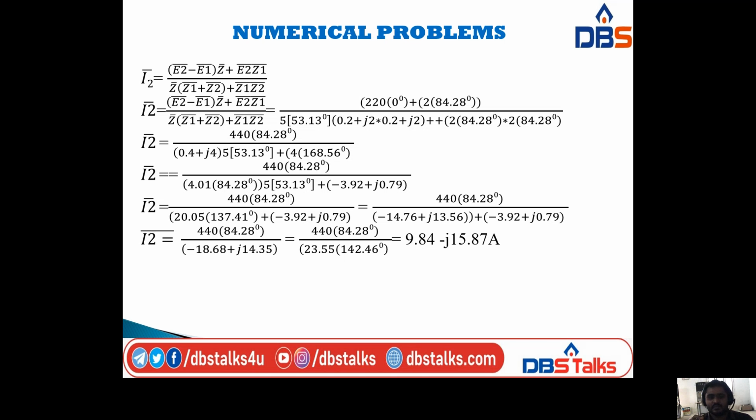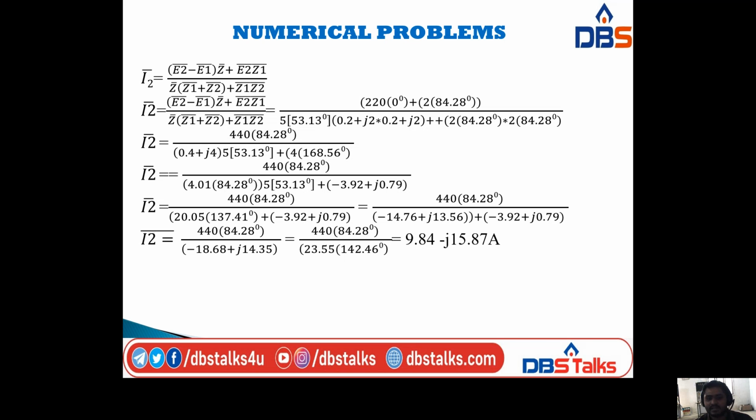So that is equal to 440 at an angle of 84.28 divided by, please convert the 0.4 plus J4 into polar form, that is 4.01 at an angle of 84.28 into 5 at an angle of 53.13, minus, after converting this 4 at an angle of 168.56 into rectangular form, we have minus 3.92 plus J0.79.